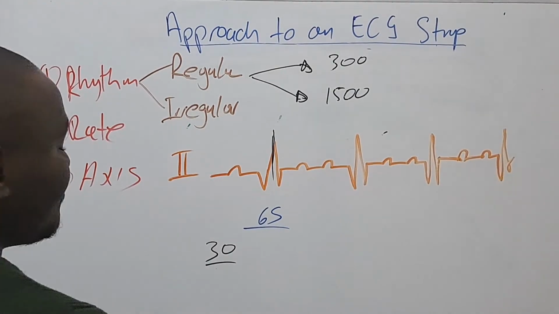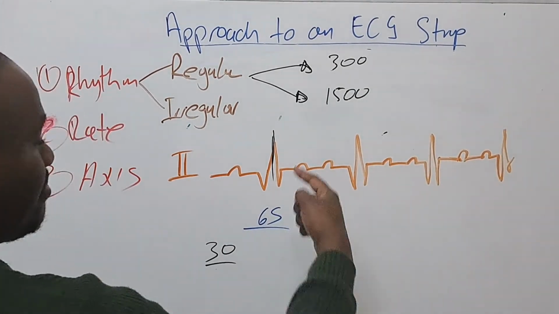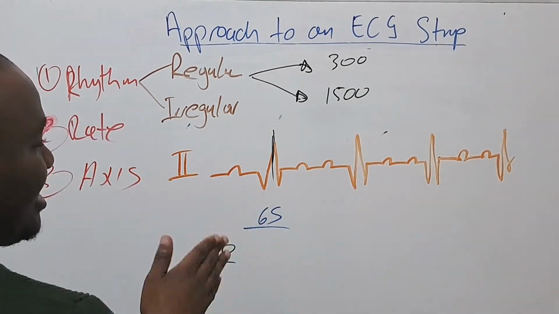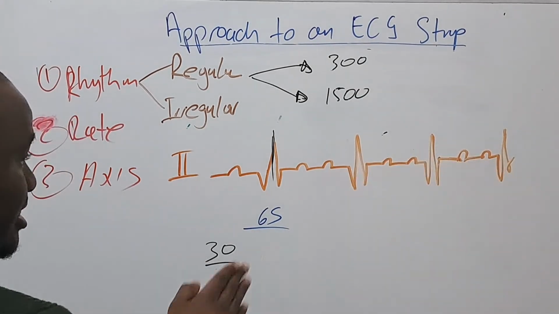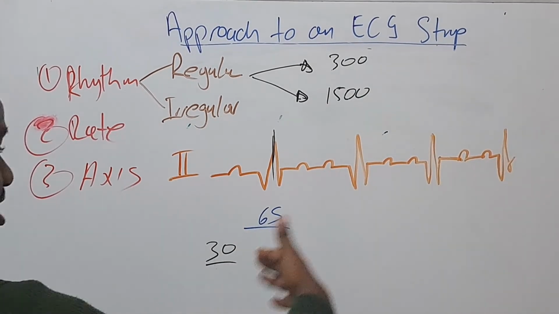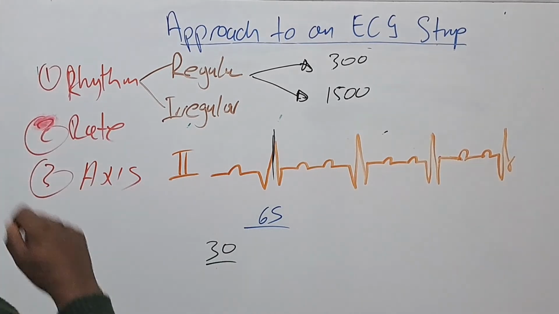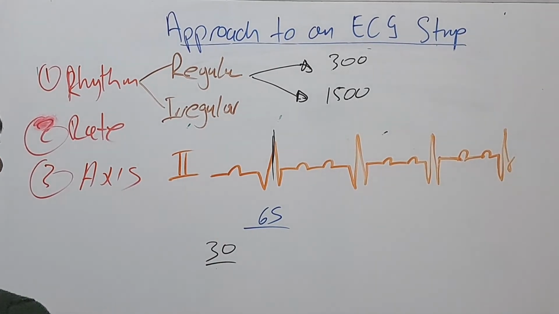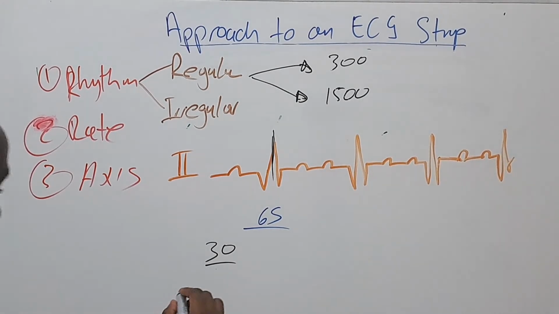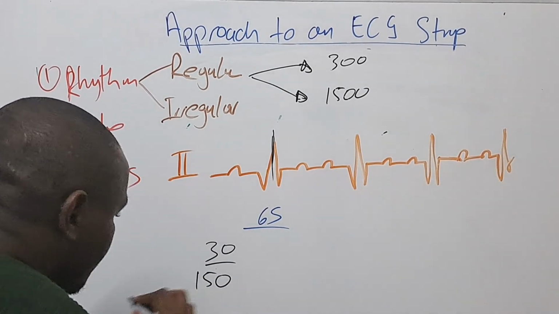For you to have the appearance of 30 big boxes in a line like that, it takes about 6 seconds. So there must be 30. But if you decide to count the small boxes, then there must be 150. Right?